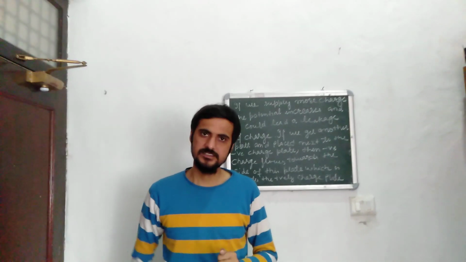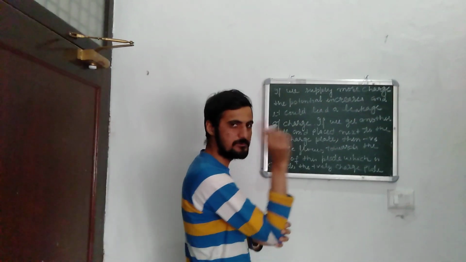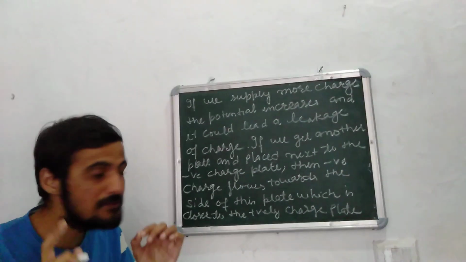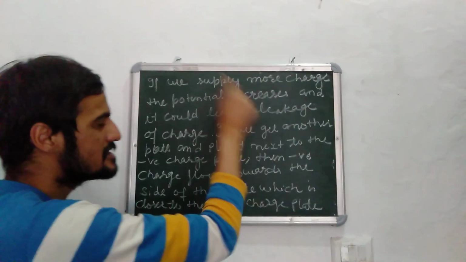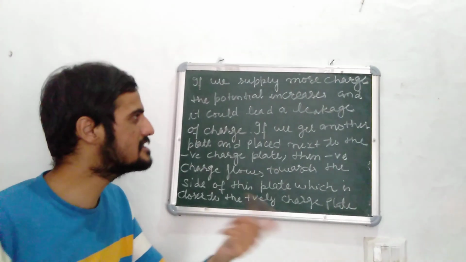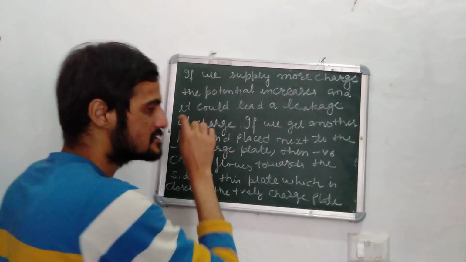a certain distance. Now we will discuss the principle of the parallel plate capacitor. What will be the principle? If we supply more charge, then the potential increases, and it could lead to a leakage of charge.